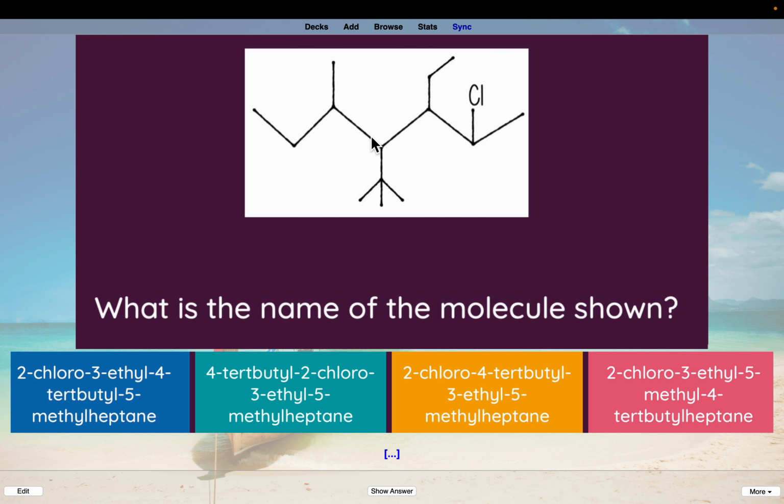4, why do we have the word tert butyl? I'm not sure what that is. But surely we have in the third carbon an ethyl, so red may be wrong.